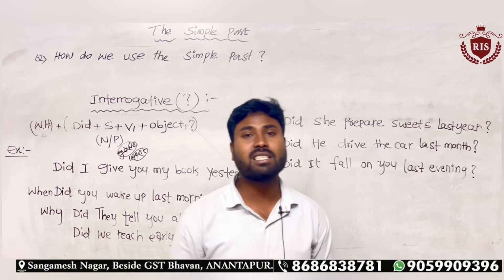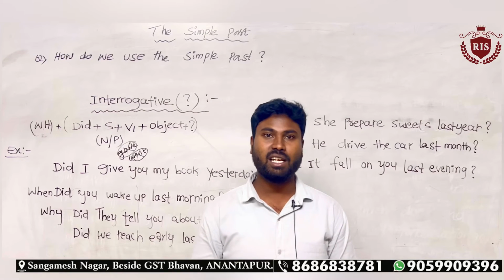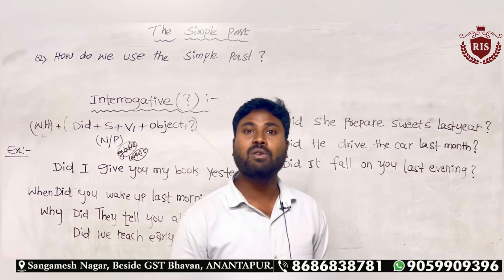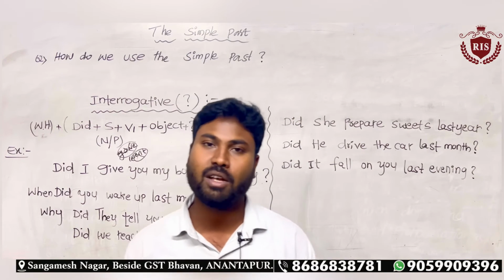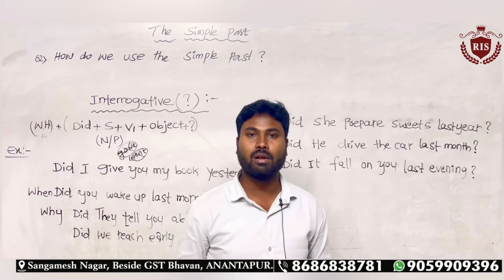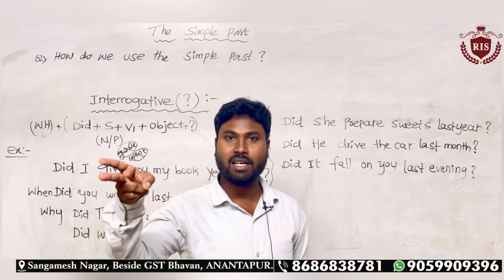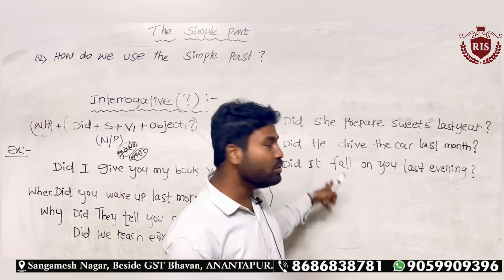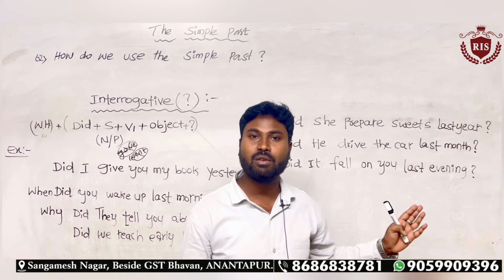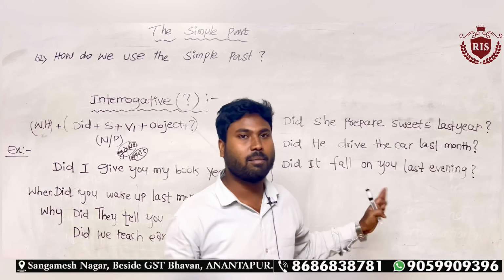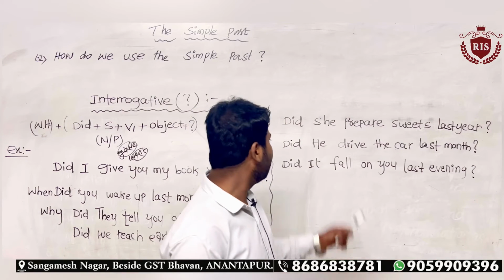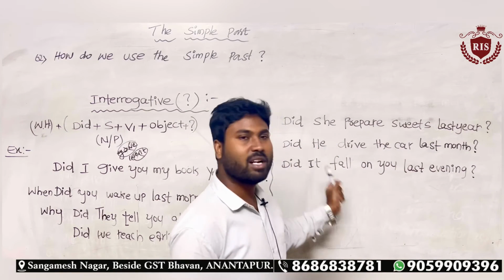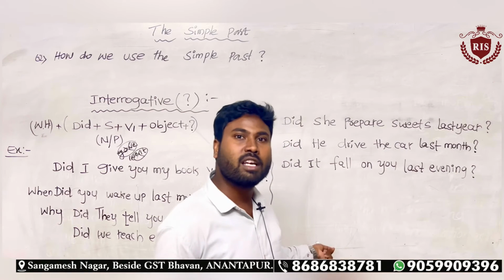But in the present simple we use the does auxiliary to frame questions for the pronouns he, she, it, and we use the do auxiliary for the pronouns I, you, we, they, because there we have two auxiliaries, and those two auxiliaries have been used for those particular pronouns. But here we have only one auxiliary, that is did, so we use the did auxiliary to frame the questions for all the pronouns I, you, we, they, and also he, she, it.